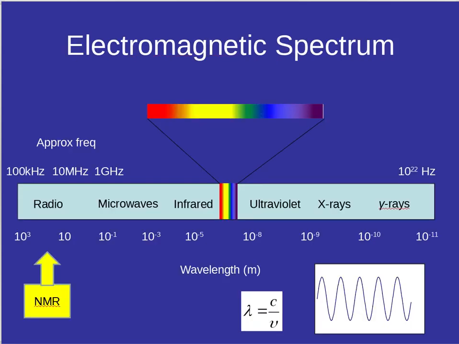Now, I would like you to be aware of what electromagnetic radiation is being absorbed. Here's our electromagnetic spectrum, and we've got visible light in the middle, gamma rays on the right and radio waves on the left. I want you to note that for NMR, the type of electromagnetic radiation that's absorbed, that Larmor frequency, is in this region over here.